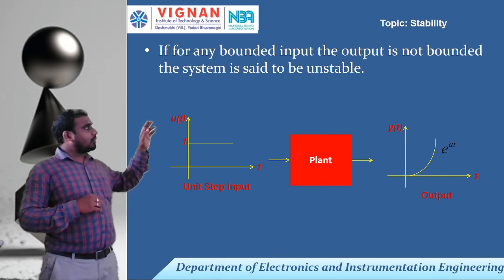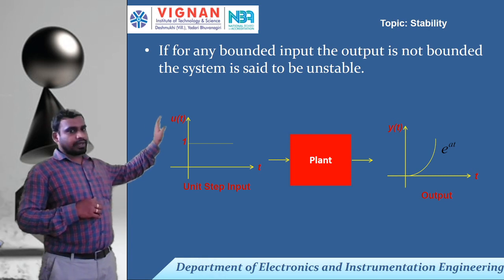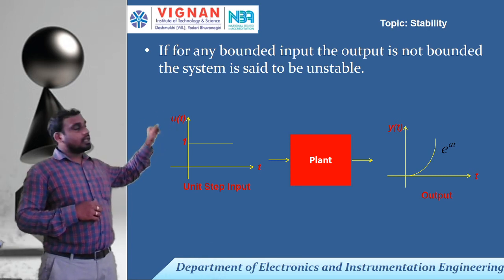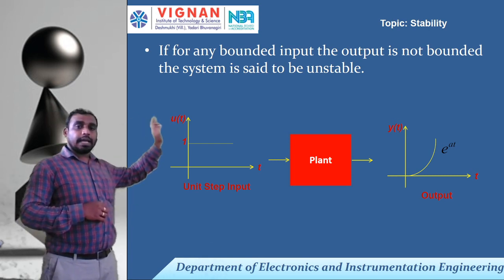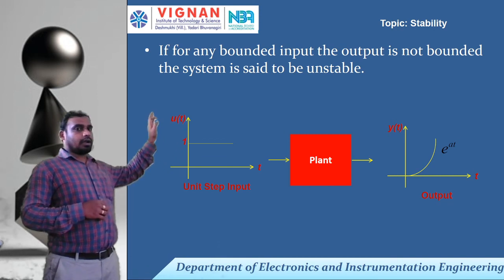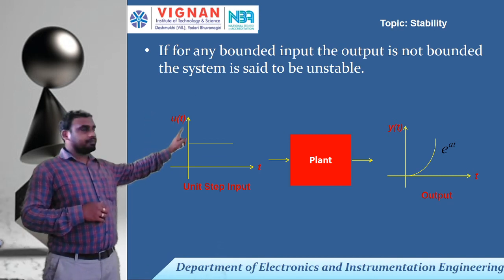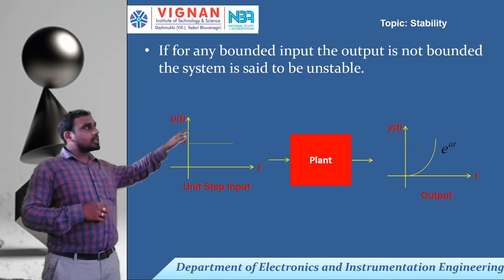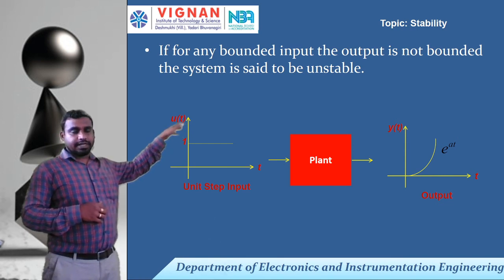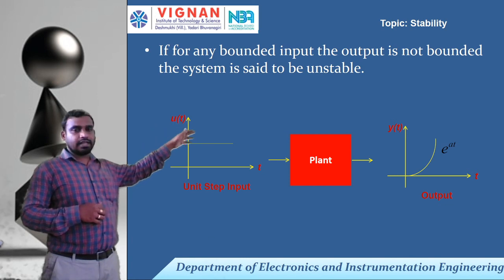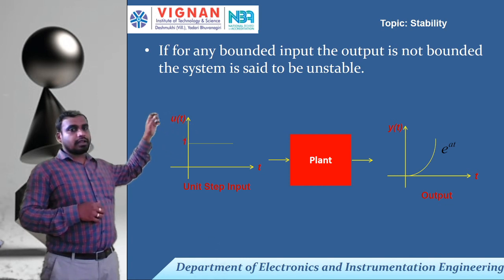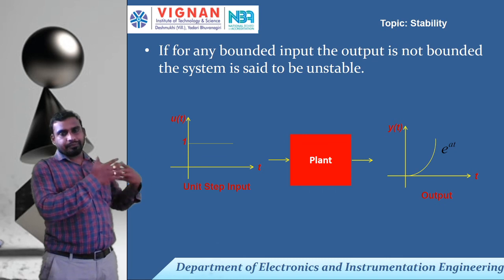In this example, u of t is 1 for the whole time scale. That means for all time values we know the amplitude of the input, that is 1. So this is bounded because we know the value of it. It is not going anywhere and it is not infinite. It is a known, real value.